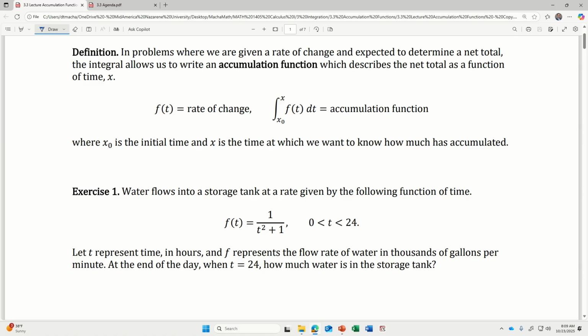The lower bound of my integral is going to be the start time. Normally that's t equals 0 unless the problem tells you otherwise. But the upper bound of your integral is basically the end time. Like when are you interested in figuring out how much you've accumulated?